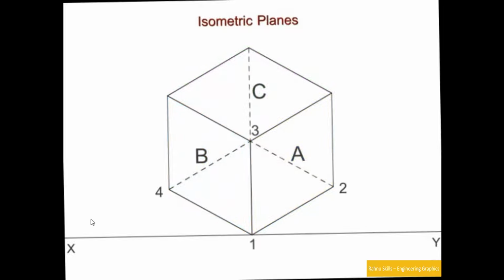Now in this diagram, if I give the numbers, we have no need to give the number, just to teach you I am giving the numbering here. Now in this diagram, if you see the lines, this one and this one and the third this one, these are actually parallel to isometric axis. So from here we define the isometric axis.